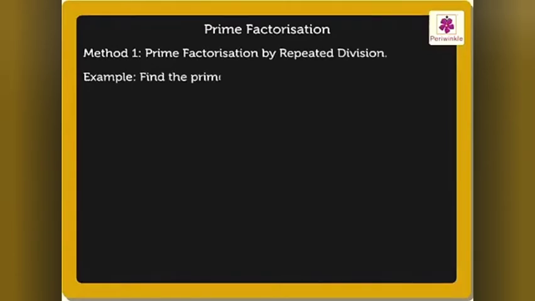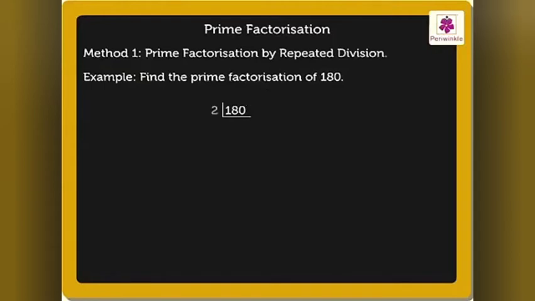Find the prime factorization of 180. To express 180 as the product of its prime factors, we have to begin with the smallest prime number that divides 180. As the number 180 is an even number, it is divisible by 2.